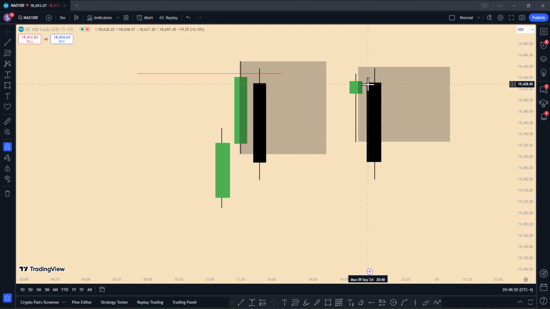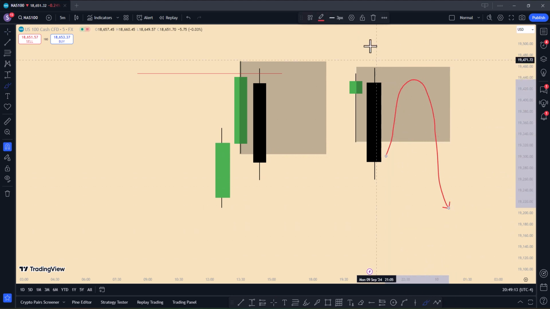So this black candle opened here, put in this high. So we don't go from this wick to this body. No, we go from this wick to this wick. So for this whole move, we draw the line from the low here to the high right here, and then the break of structure happened here. So this would become my zone to enter.